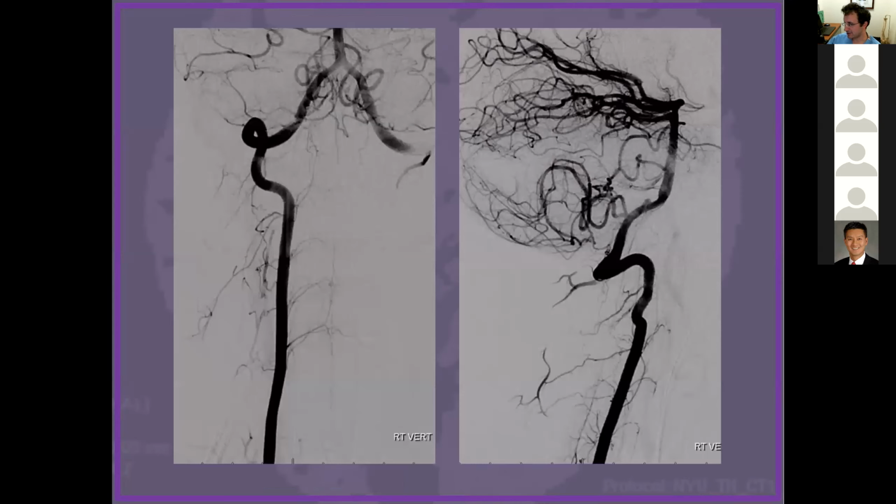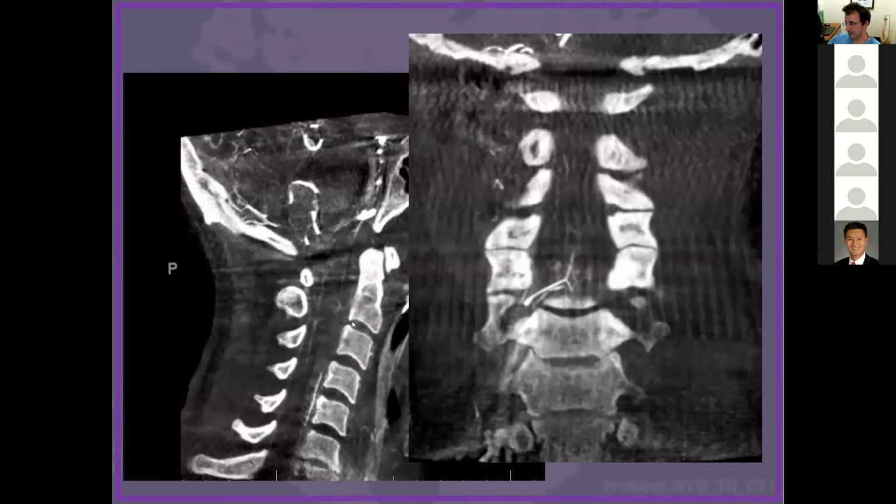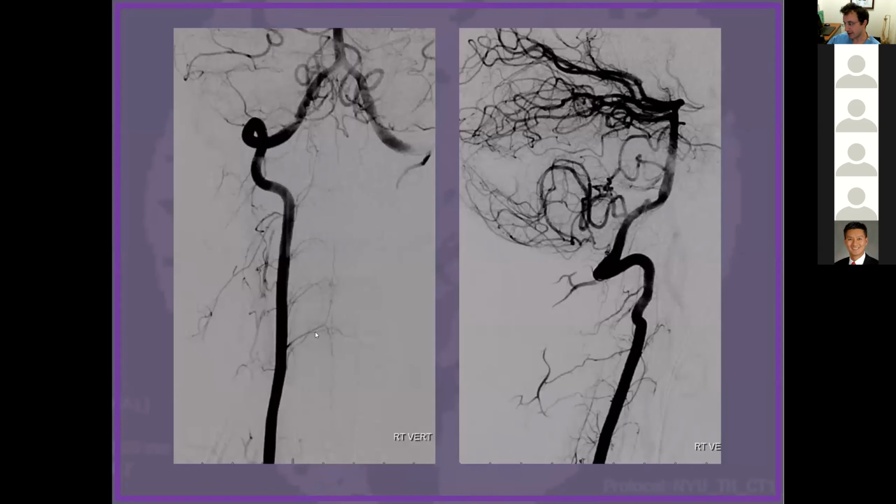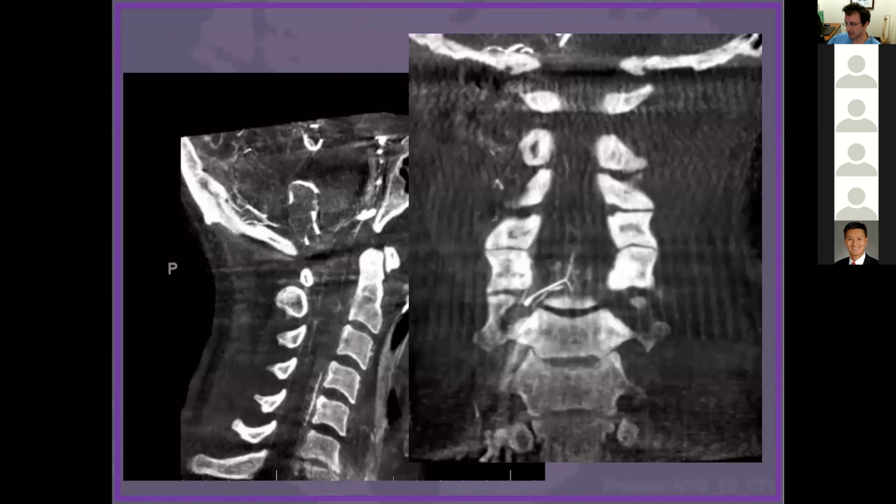So anyway, here's another set of verts, typical vertebrobasilar junction, anterior spinal origin. Here's another one from a mid-cervical segment. Even in this picture, it's not a very impressive anterior spinal axis. But if we do a Dyna CT, if you look at this segment, you can see some of these sulcocommissural arteries here.